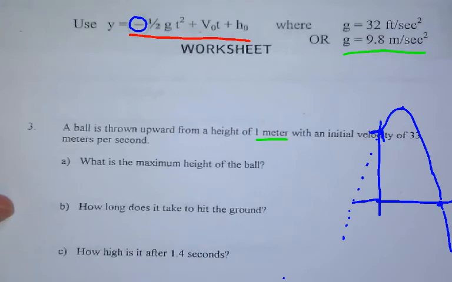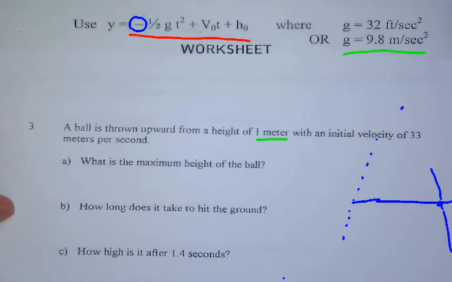The velocity is, I'm going to have to erase my parabola because it's in the way. Okay, so initial velocity is 33 meters per second, and it's thrown upward from 1 meter.